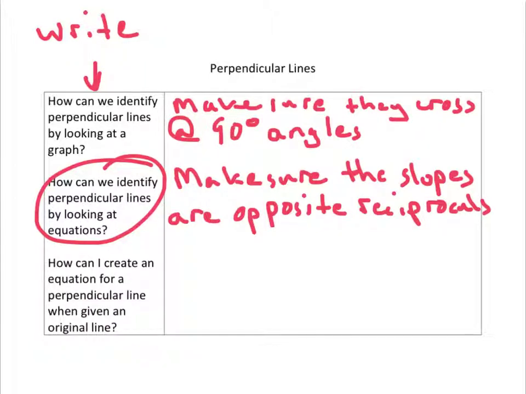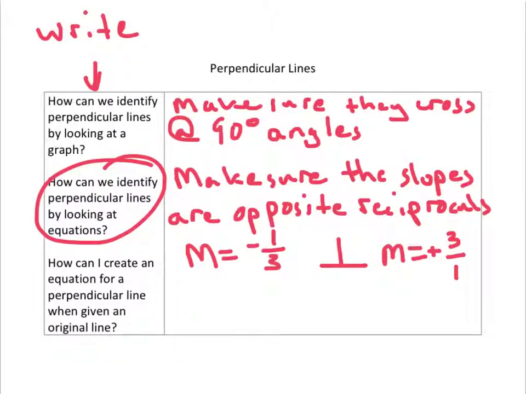What that means, if you know your m is negative 1 over 3, the opposite reciprocal, this is your symbol for perpendicular, is going to be, change the sign, so instead of negative, now it's positive. Instead of 1 over 3, it's going to be 3 over 1. So a positive 3 over 1.